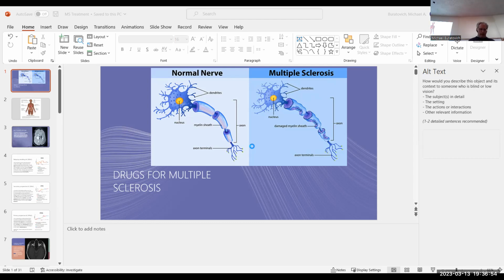The other feature is something called Uthoff's phenomenon. I'm going to spell this right because this is spelled really strangely. This is something where the symptoms get a lot worse when they get in the shower.